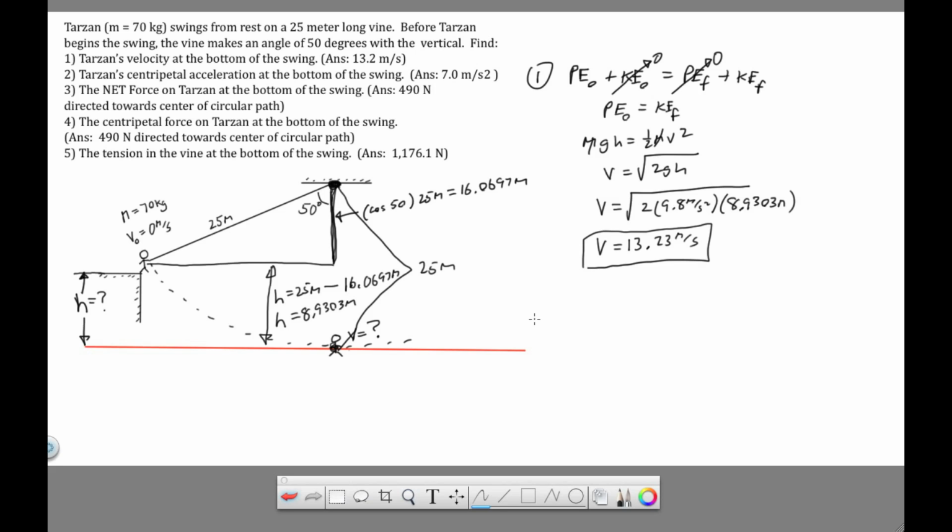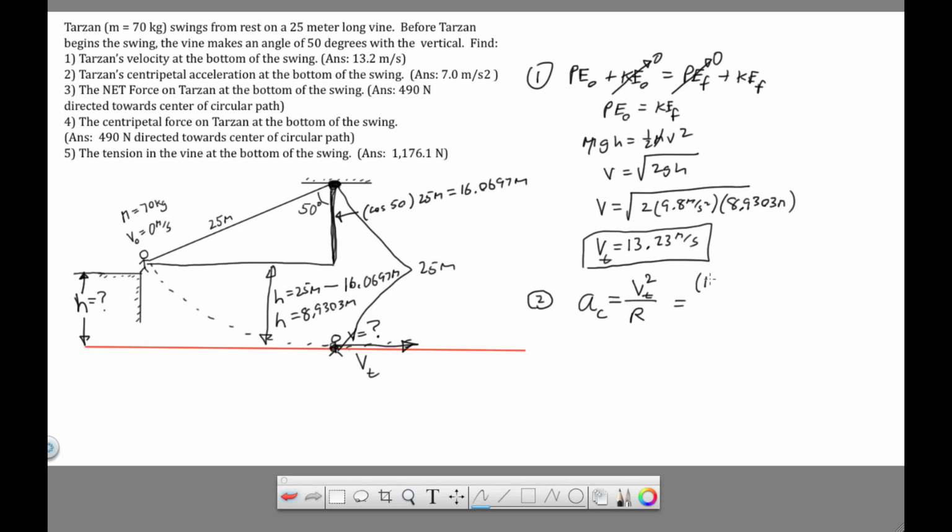Now the second question. Solving number 2, the equation for centripetal acceleration is v squared over r, where v is the tangential velocity, meaning his velocity there is tangent to the circular path at the lowest point. That's our answer to number 1.